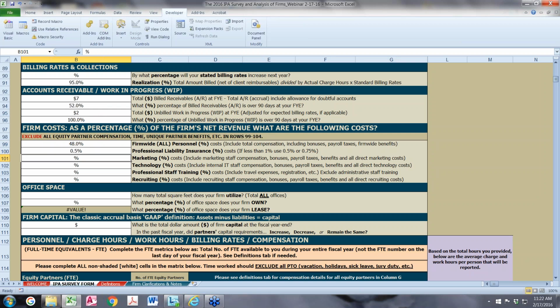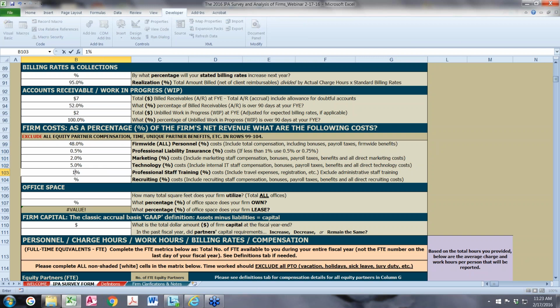For instance, a marketing director's salary should be included in the firm-wide personnel percentage on row 99 and should also be included in the marketing costs on row 101. The same will apply for a technology director. They should be included in row 99 and also in the technology section in row 102.